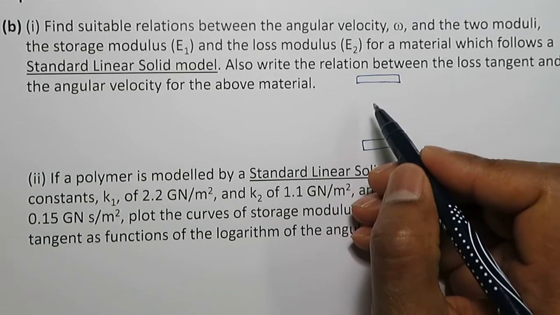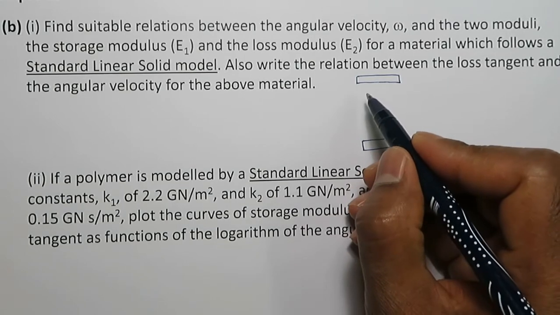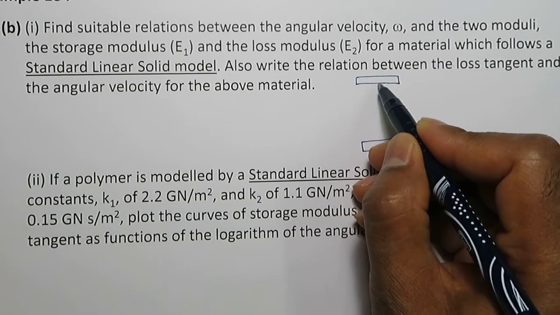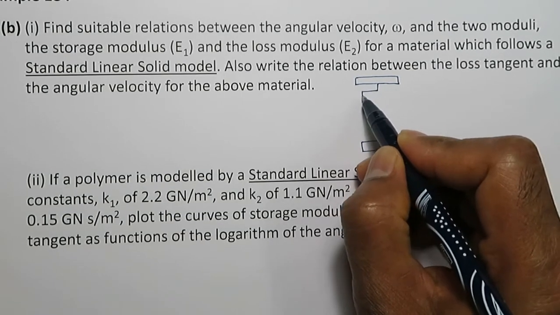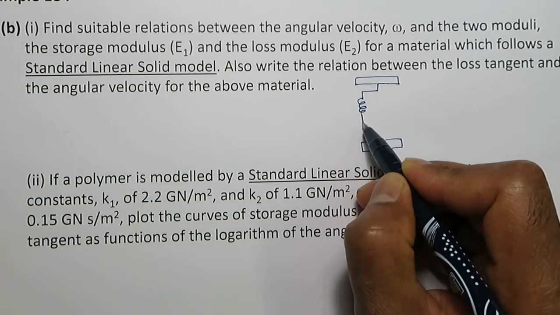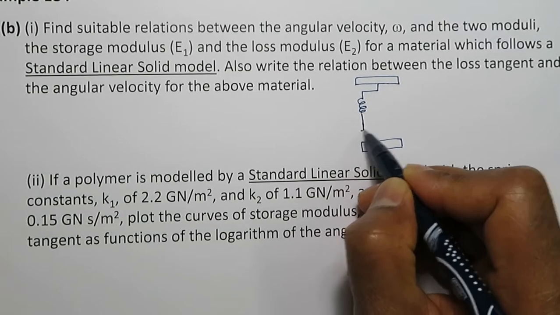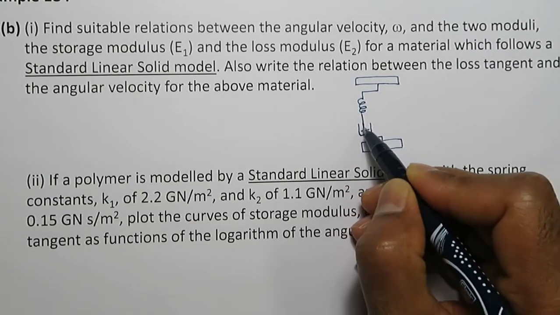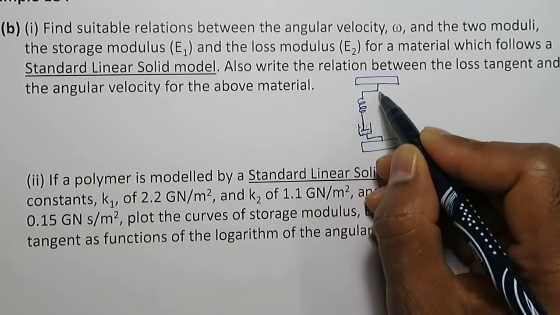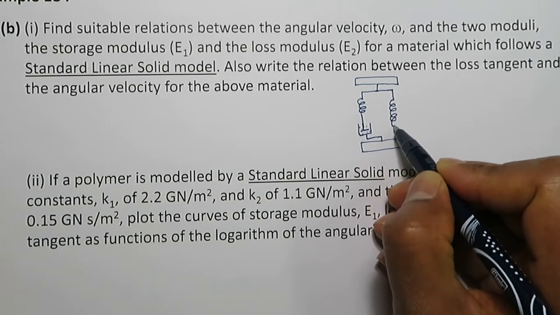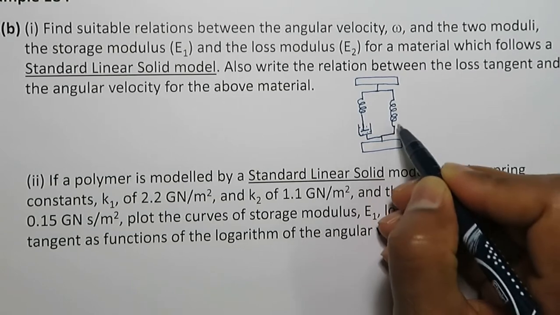In the standard linear solid model, we assume that the material consists of one spring with a dashpot, and another spring which does not have a dashpot.